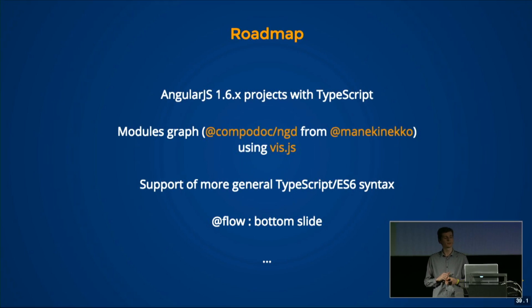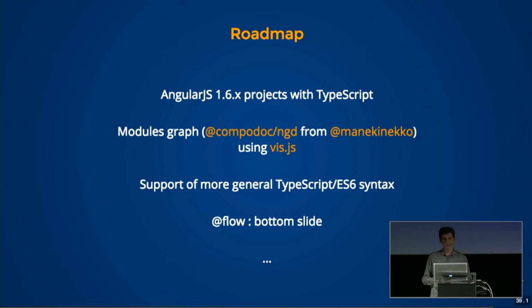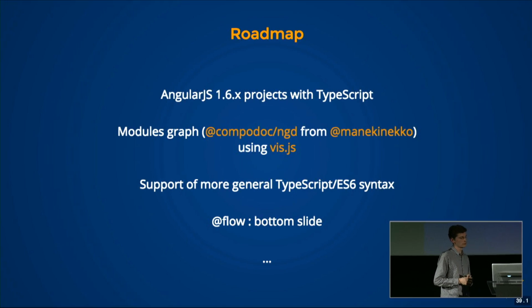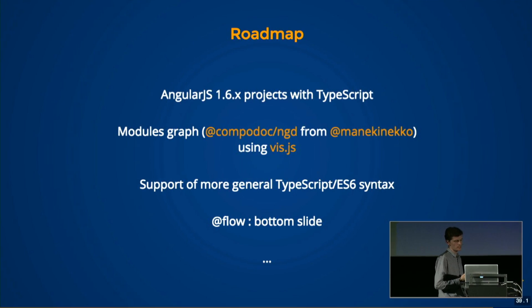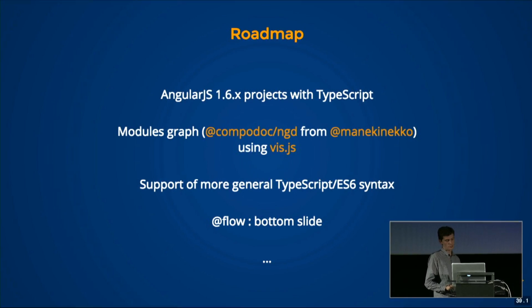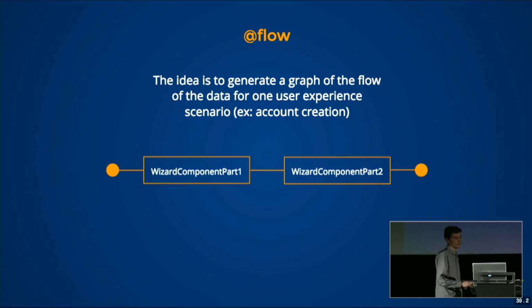I think we can easily support Angular 6 projects too. We will try to move the module graph from a static SVG graphic to a more dynamic way using Viz.js, support more general TypeScript and ES syntax, and add other features like a data flow.